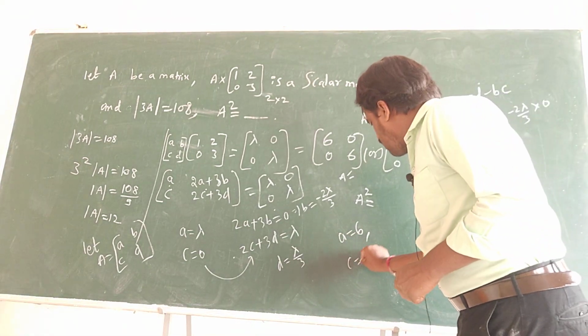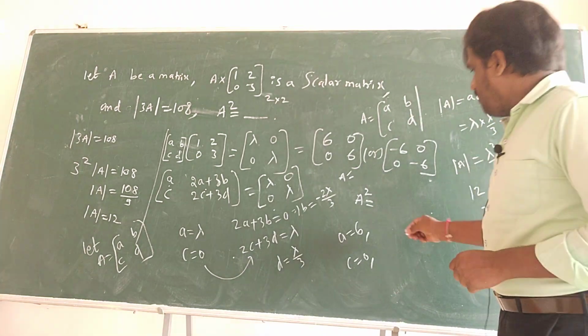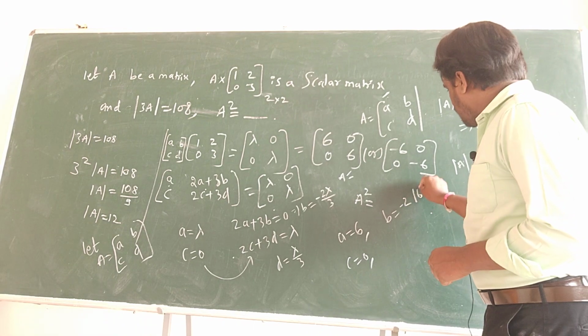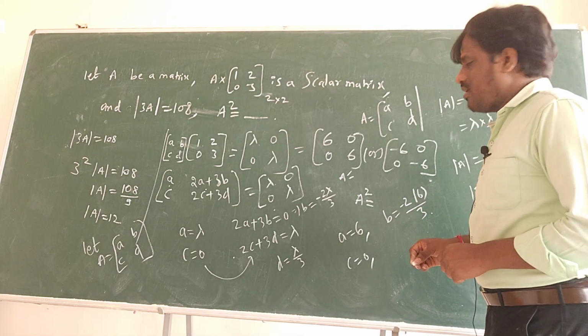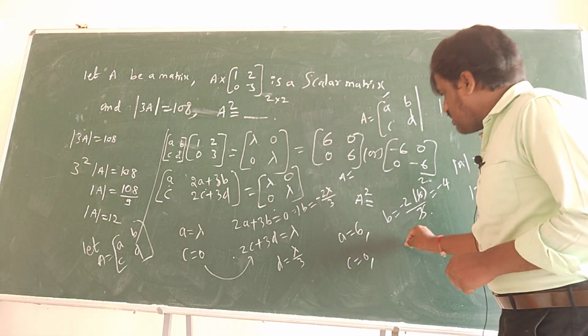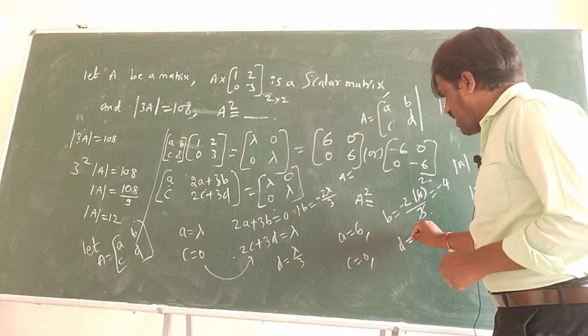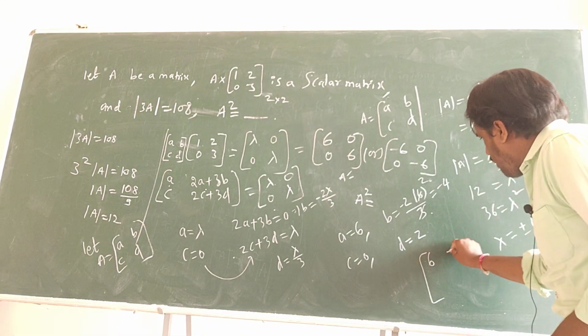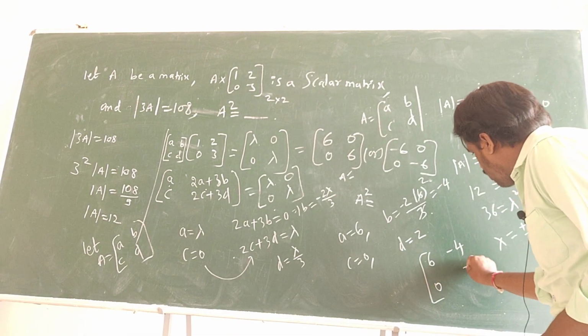C is equal to 0. B is equal to minus 2 into 6 by 3. This is minus 4. And D is equal to how much? 6 by 3, 2. So A matrix will be 6 minus 4, 0, 2.